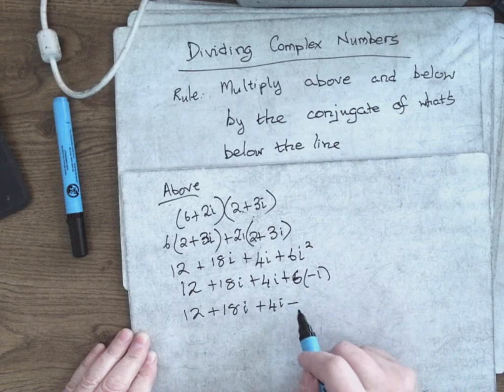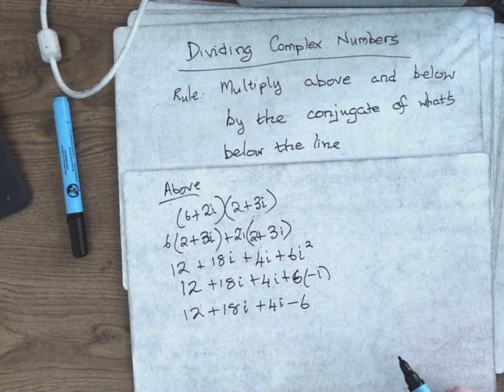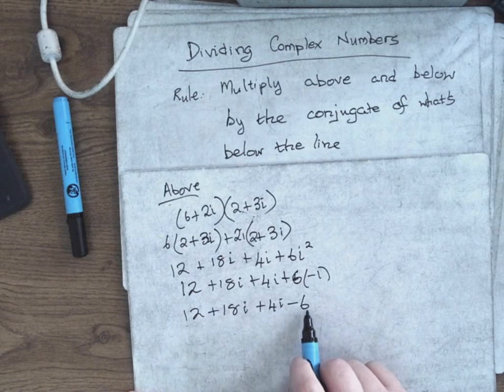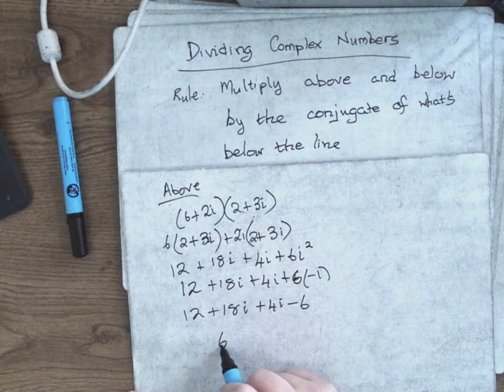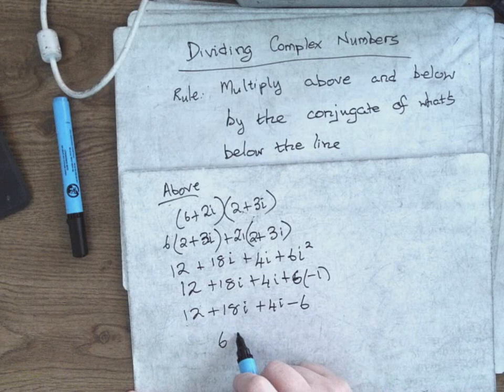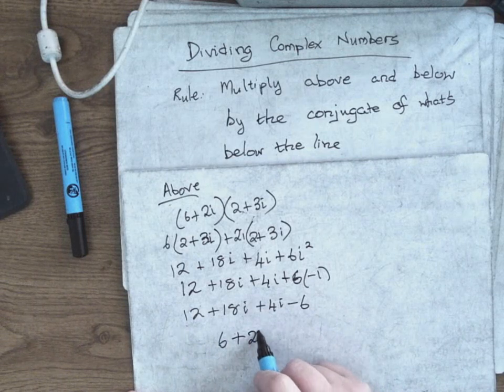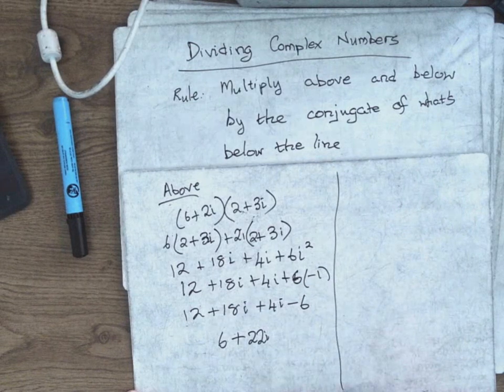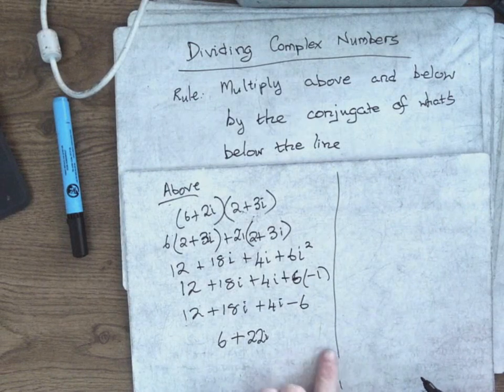Then put your real bits together and your imaginary bits together. So 12 take away 6 is 6, and 18i plus 4i is 22i. That's what I got above the line.